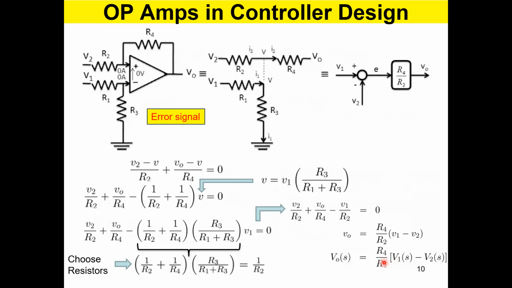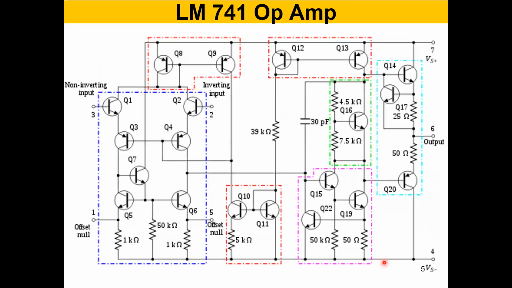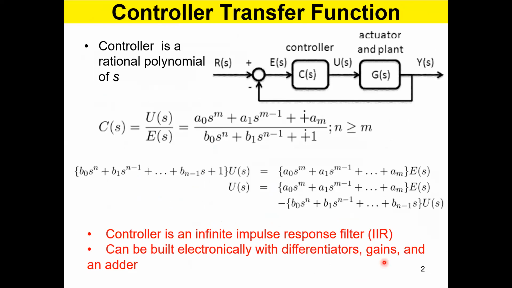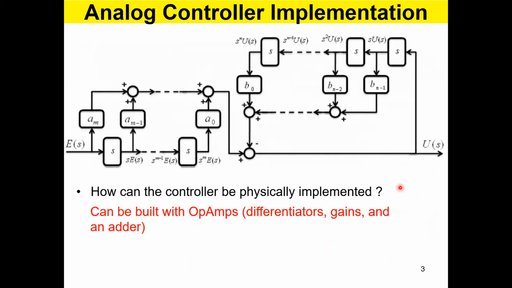But depending on the complexity of the equation, if you see this equation here, every differentiation has one op amp, so many op amps there. If you look at this one here, every S block is an op amp, and every gain is an op amp.